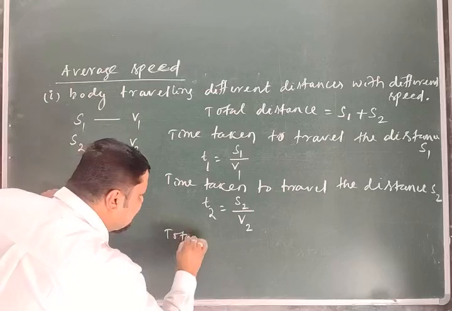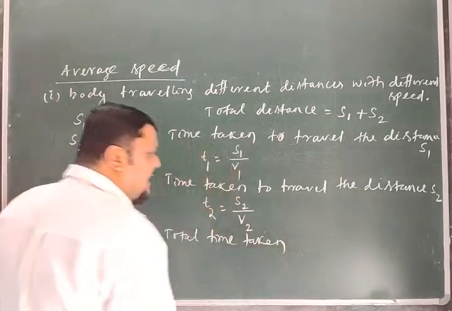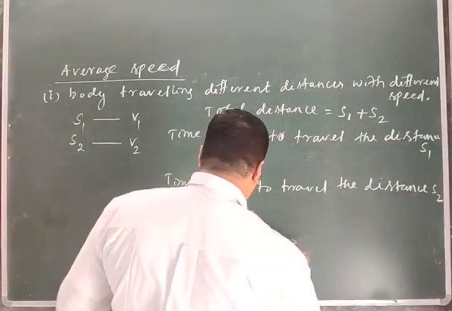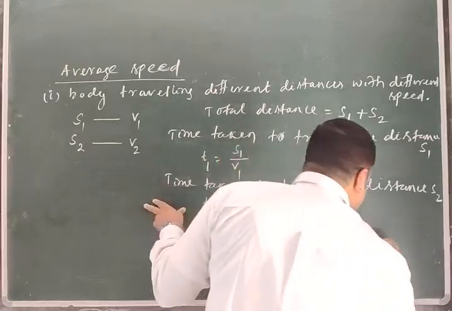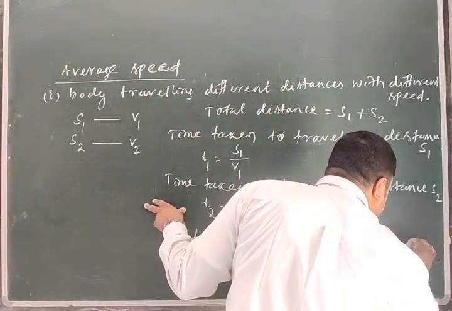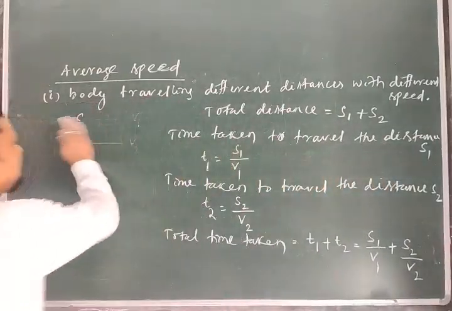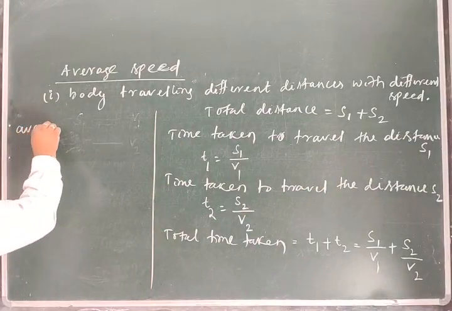Total time taken to travel the distance S1 and S2 is equal to T1 plus T2, that is equal to S1 by V1 plus S2 by V2. Yes? Now I will find the average speed. Remember the formula.